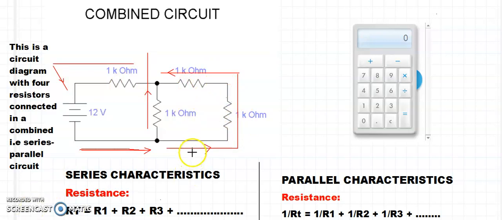RT, and for RT first we will solve these two resistors in series, and we know the characteristics of a series circuit. As we can see here, the series circuit characteristic for resistance is RT equals R1 plus R2 plus R3. So we are going to just add these two resistors and name it with a different label, that is RA.